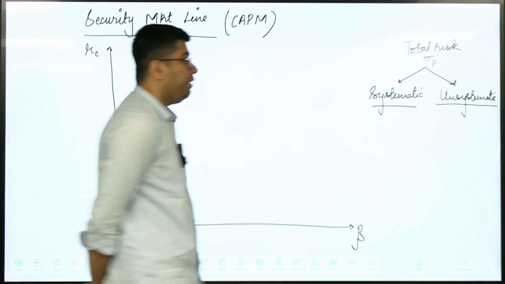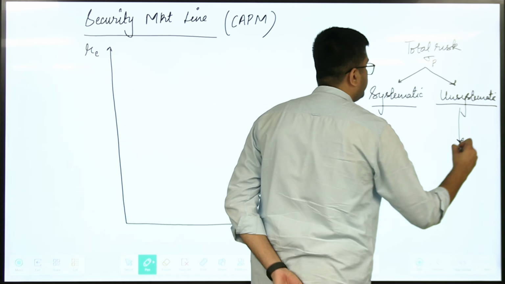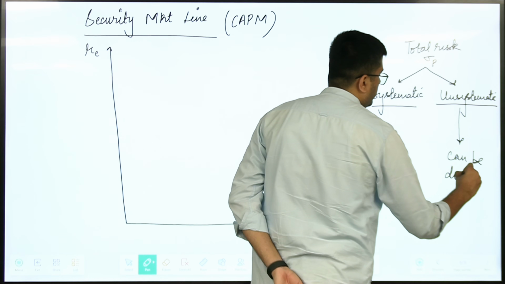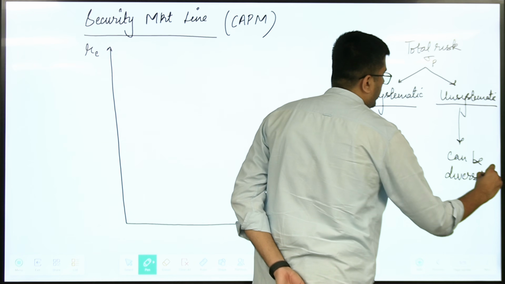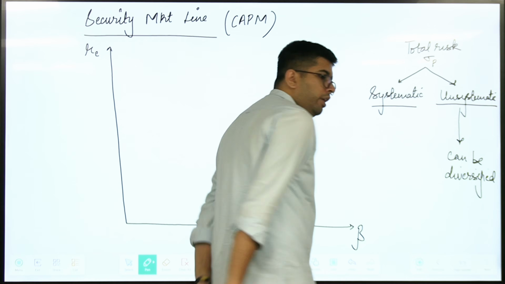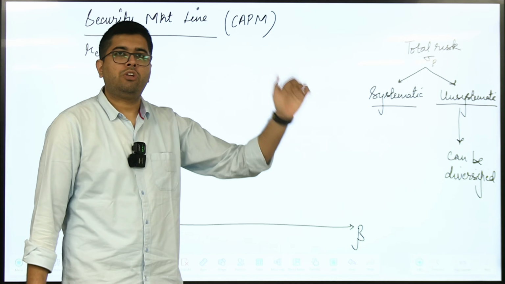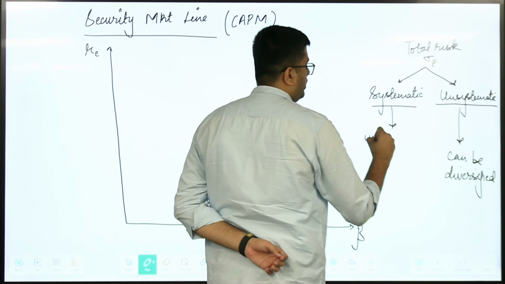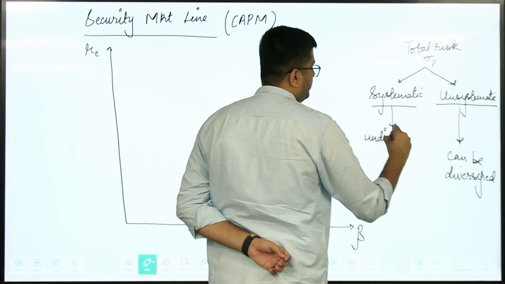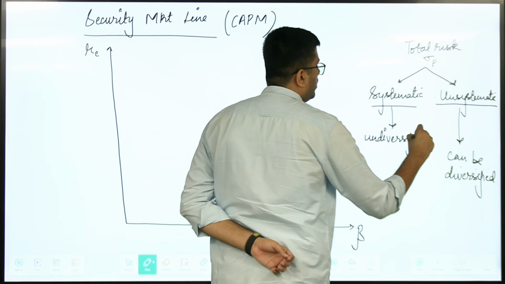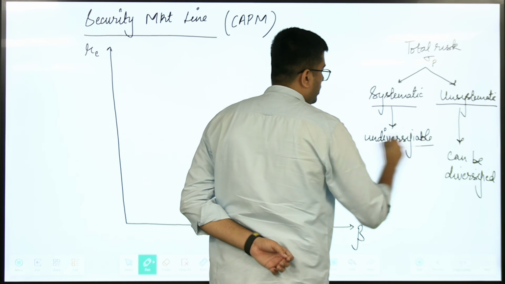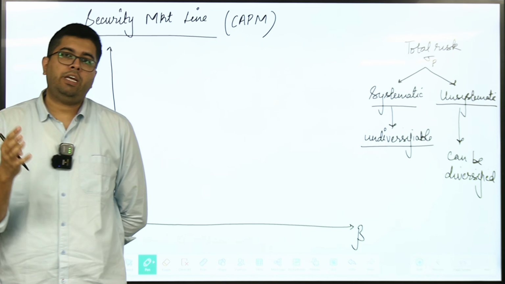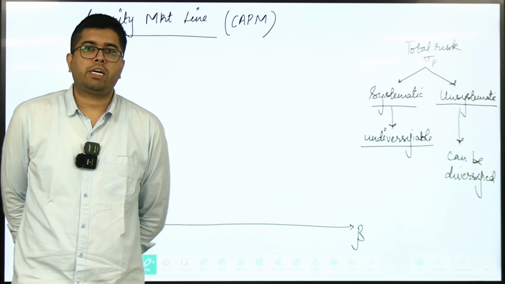Unsystematic risk can be diversified, which means as an investor, if you focus on diversification of your portfolio, you can manage this particular source of risk. Systematic is undiversifiable, meaning you cannot get away from this risk. This will be there if you are investing in the market.